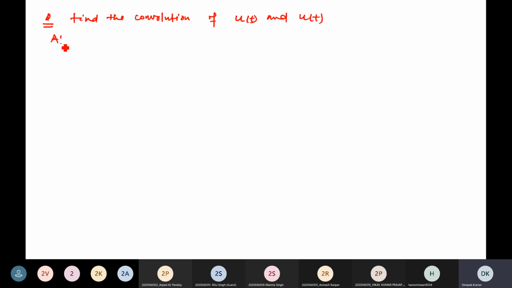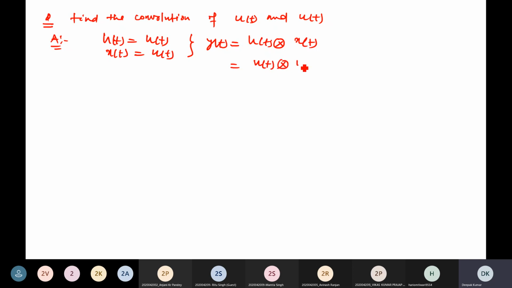Means two same signals are convolved. That is, h of t is equal to u of t, x of t is equal to u of t, then y of t is equal to h of t convolution with x of t, or u of t convolution with u of t. Same approach you can follow here also. Y of t will become integration from minus infinity to t, u of tau.